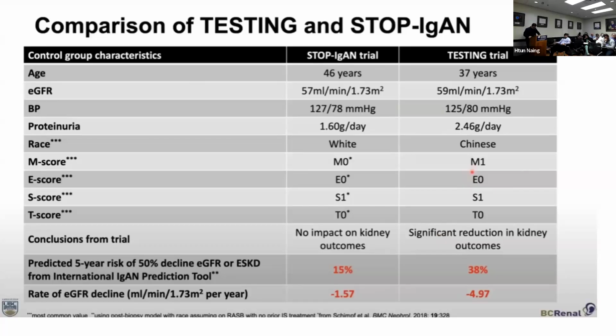And if there was some guide, like, if you don't have significant M or E or S, you can back off or something like that. And I don't know whether, if any one of them is present, it's okay to treat. But if none of them are there, it's just T, or like if there is a tubular IFTA. At what point, what's the real way to decide this other than just proteinuria, which is random?